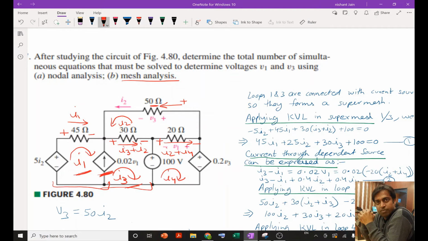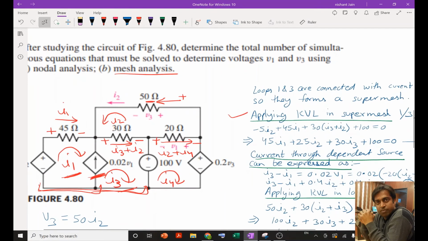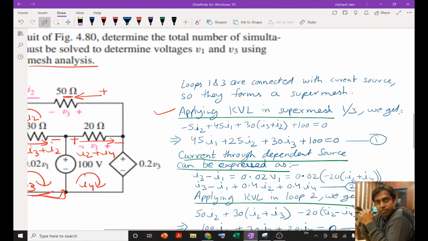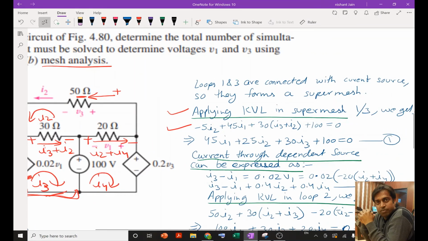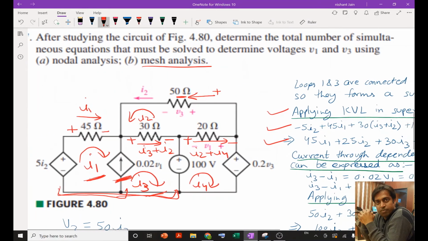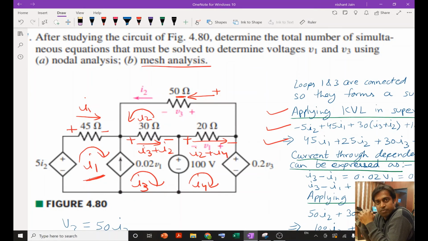So if I combine loops 1 and 3 to form a super mesh, then I can write the KVL equation for this. Writing the KVL equation for this, I will get this equation, and solving this one I will get this, which will be my equation 1. Now after this, this is a current source, right?